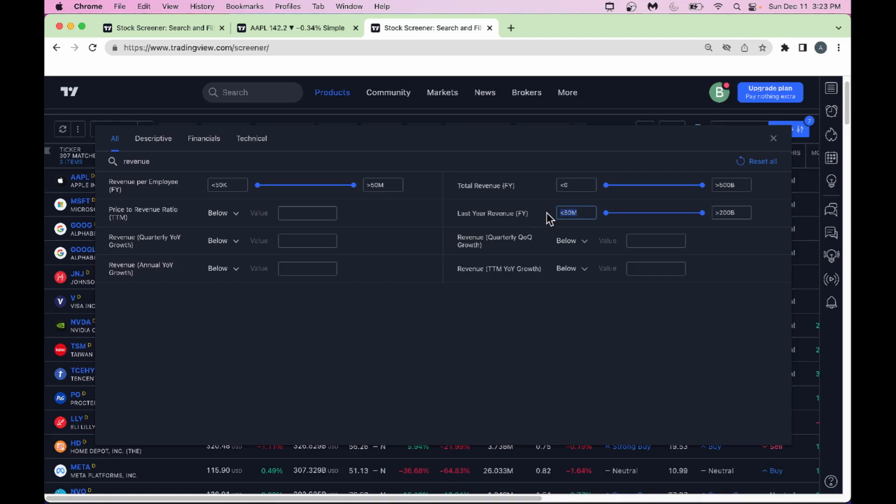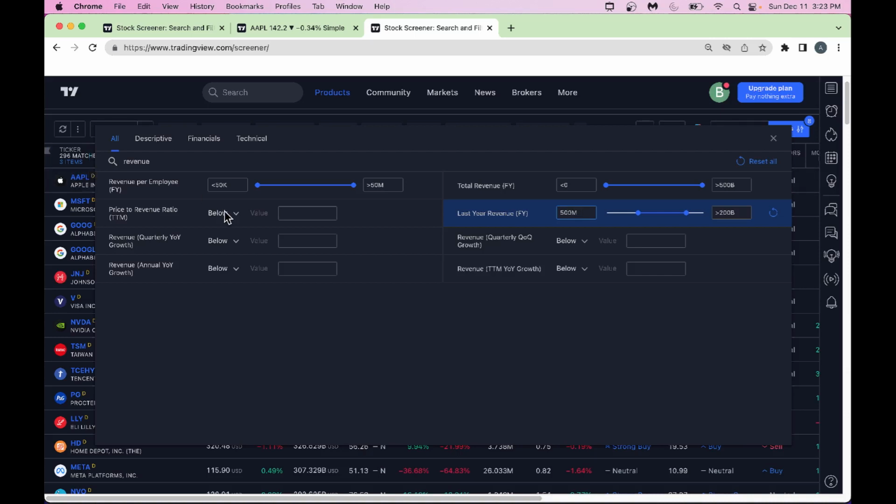I would say at least, for this scan here, let's say 500 million here. So I'm not interested in companies that are not making at least 500 million. So I want to go after good companies. Look, now we are at 296 out of 14,000. We are really filtering down.